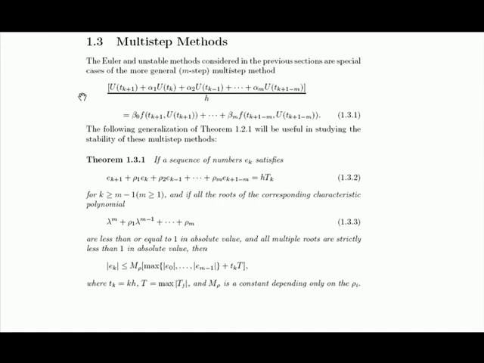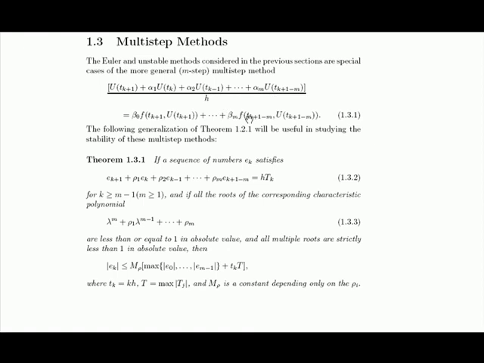Well, let's talk about general multi-step methods. Euler's method and the unstable method we looked at are both special cases of this finite difference equation, and many of the other methods that we'll see in this chapter are also special cases, not all. This is a multi-step method. The left-hand side is supposed to approximate u prime. It's a linear combination of u at different values.